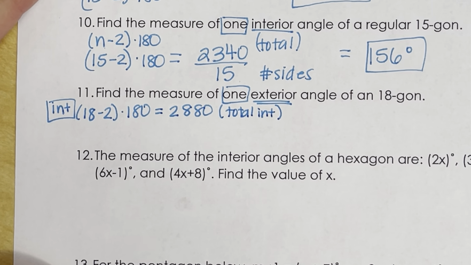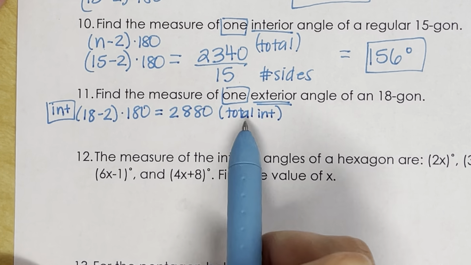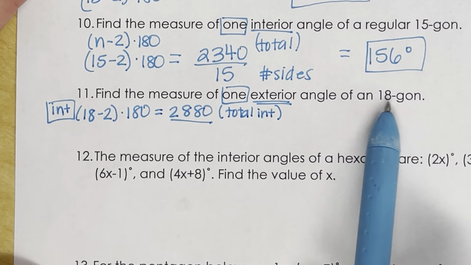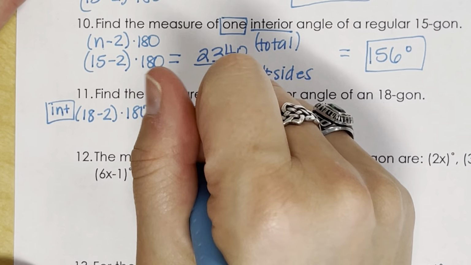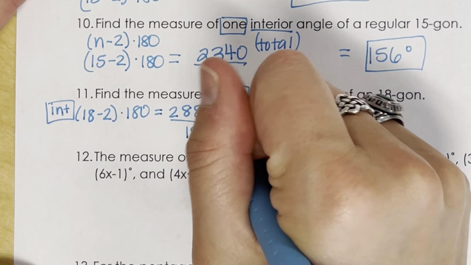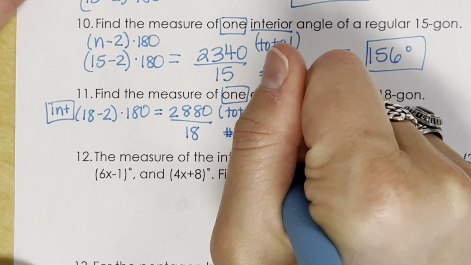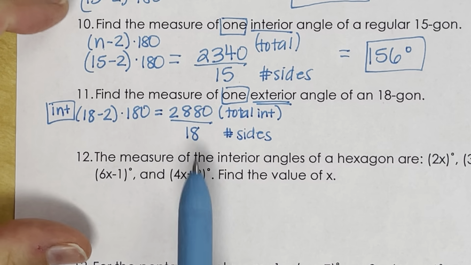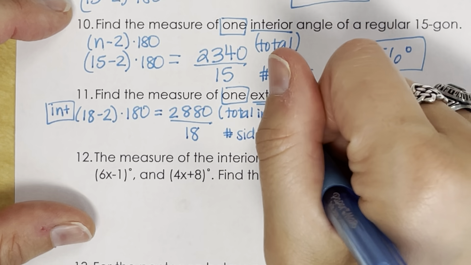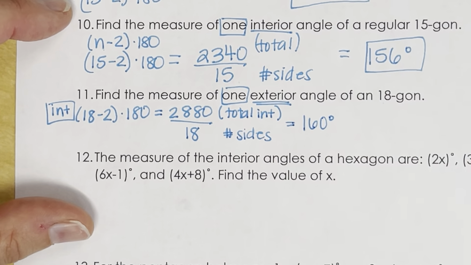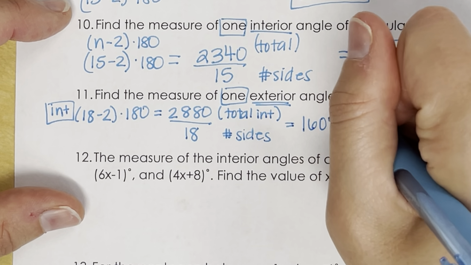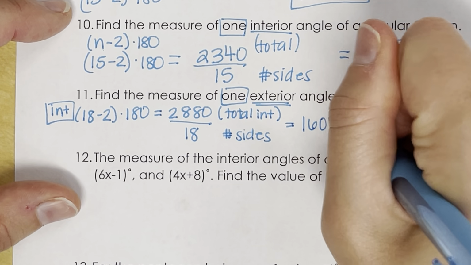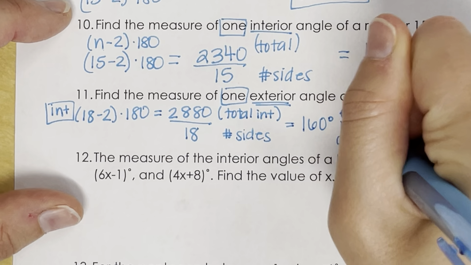To figure out one individual interior, I'm going to take that total and divide by the number of sides, which is 18. Each interior angle is 160 degrees, so that is for one interior angle.